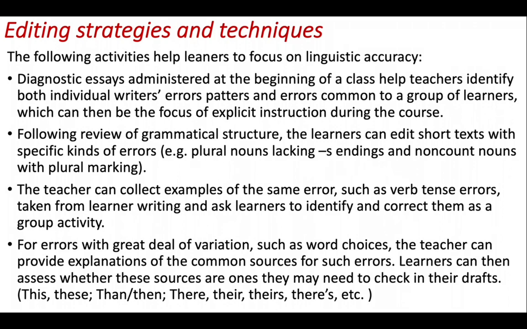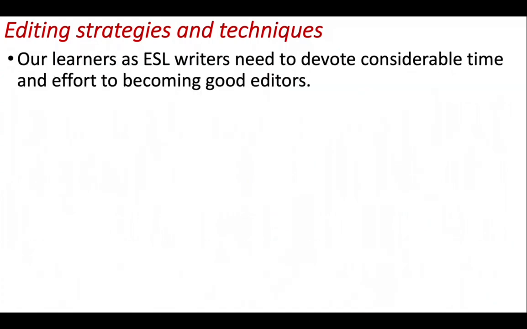So you teach them on an aspect that they're struggling with, and then you ask them to go back and correct their own errors. Do you get me? You are really involving them in the learning process, the teaching process, the evaluation process.